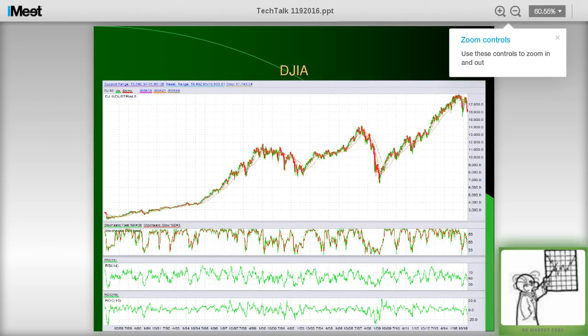Now what I'm going to look at here is the Dow Jones, going back to about 1987. As you can see with the stochastic oscillator, which I like to look at with about a 30 or 36-day time period, there are certain cycles in the market where it comes down in relatively the same type of periods.